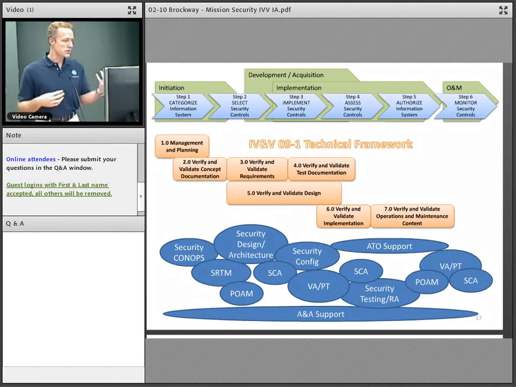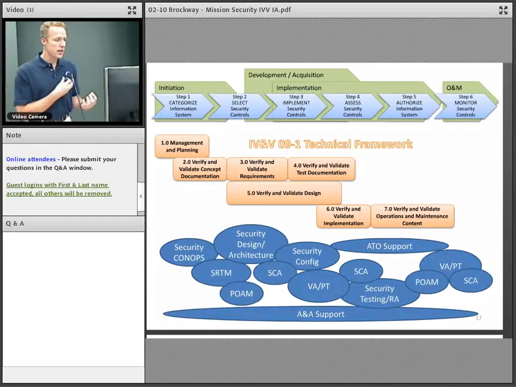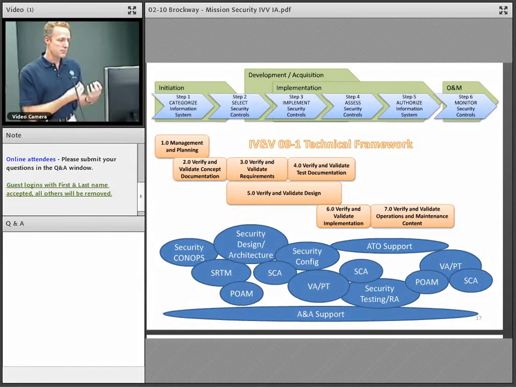Once the mission's identified and the risks identified, that's well established, and then we work together. For example, the developer is on the hook to deliver a secure system as identified by the security requirements.